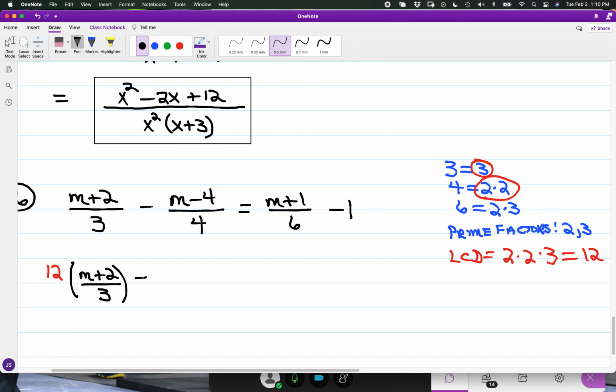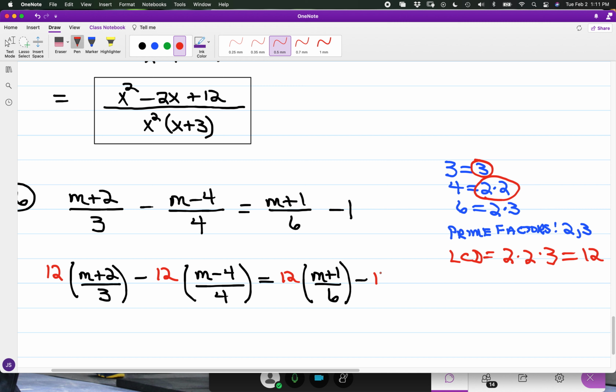And bringing down the subtraction, 12 times the quantity of m minus 4 all over 4, is equal to 12 times the quantity of m plus 1 over 6. And you have minus 12 times 1.